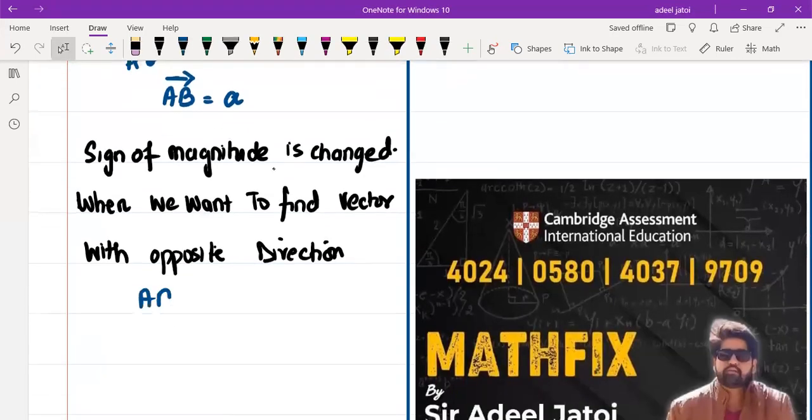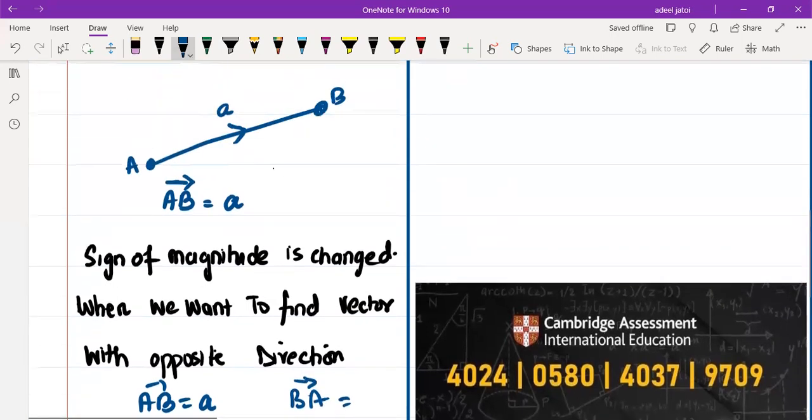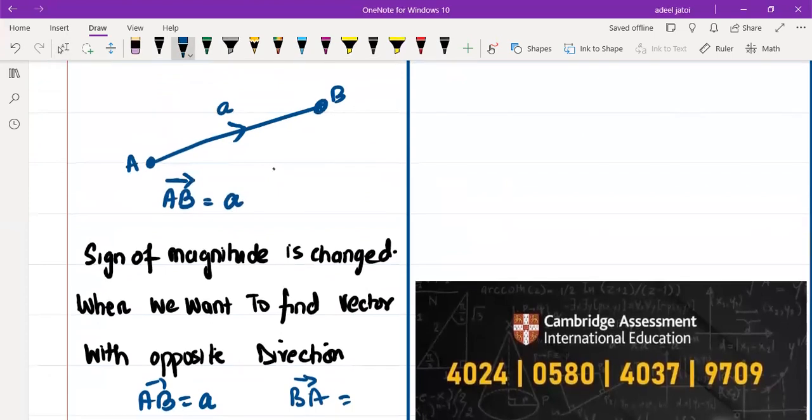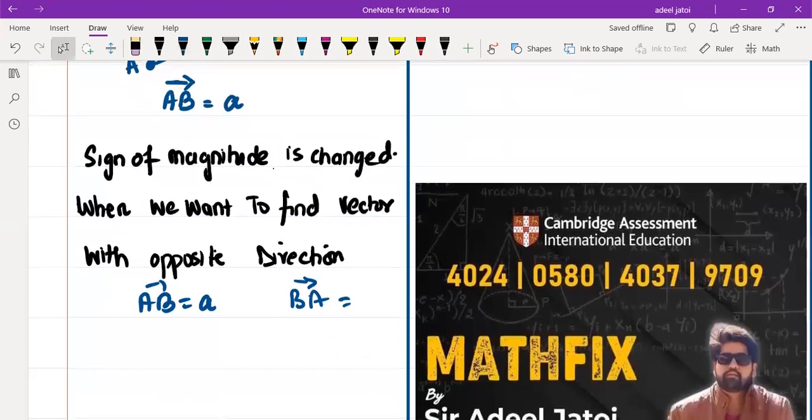If originally AB is a, then BA, coming from B to A, opposite to the given direction, will be minus a.